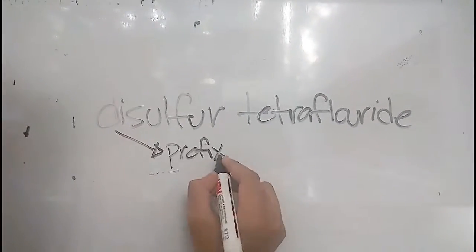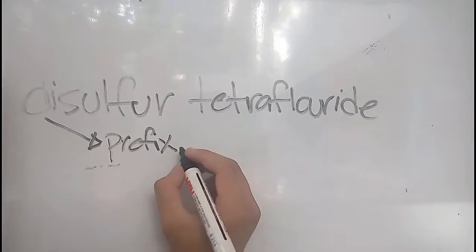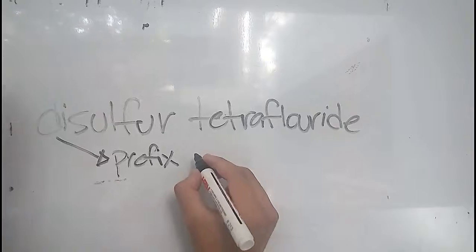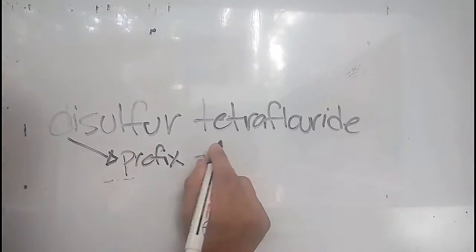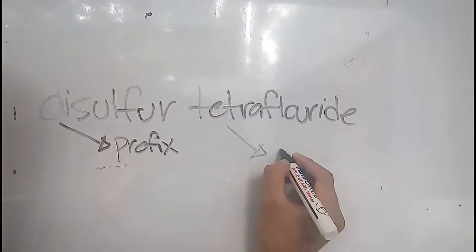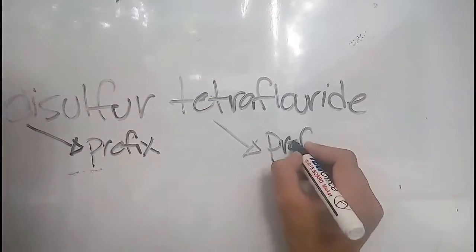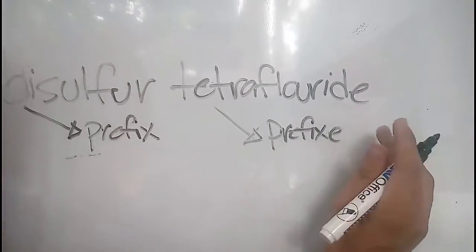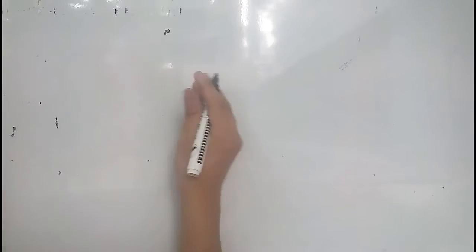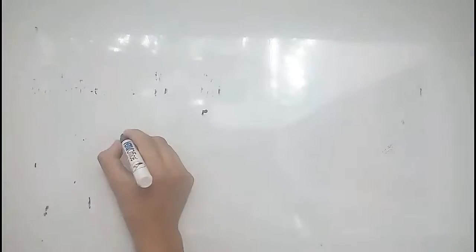So always remember, check the prefixes. In this case, for the first element, you should remember adding the prefix di, meaning 2 atoms of sulfur. And for the second element, which is fluoride, since fluoride has 4 atoms, you should put the prefix tetra, meaning 4.